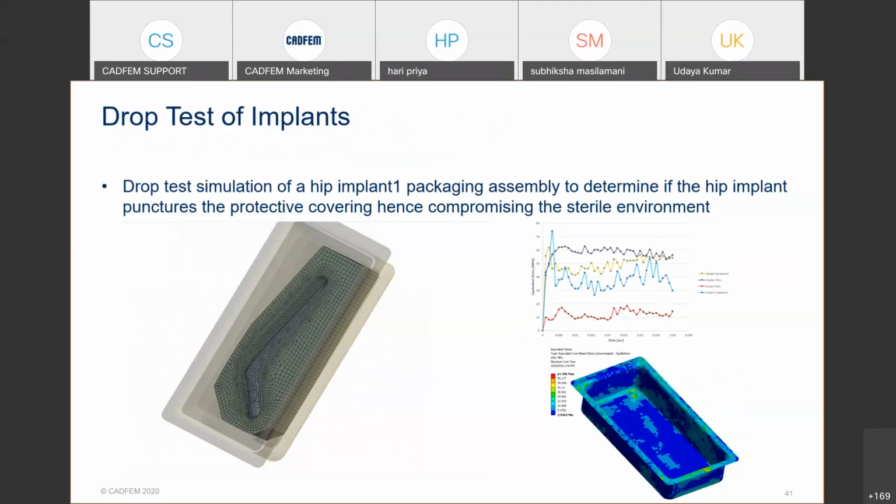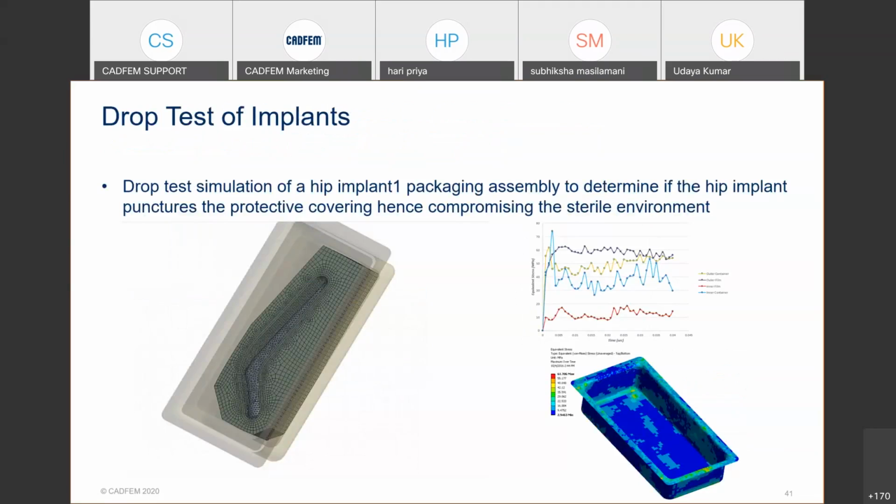Another kind of analysis that we can do for these situations is a drop test. These implants are very costly, made for a specific person, and should be very sterile.